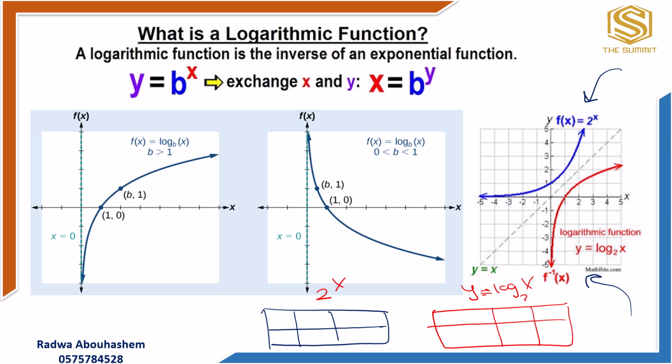Let's start with negative 1, 0, and 1, three points. If we have negative 1 here, y would be half, because 2 to the power negative 1 gives me half. Then 0 gives 1, and 1 gives 2. This is for the exponential function.